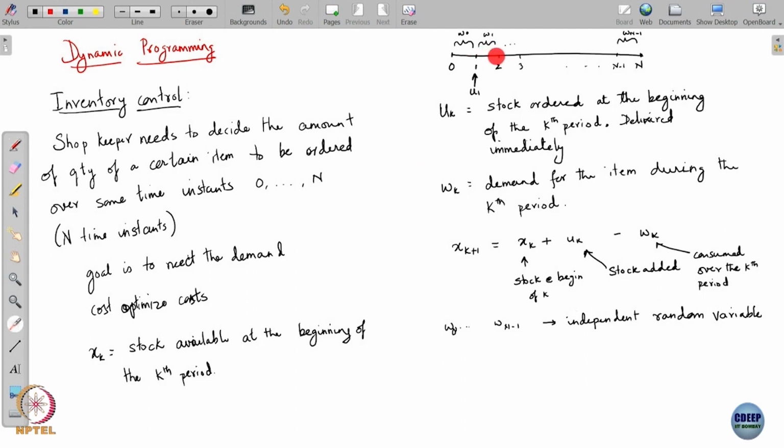So, u1 has to be decided without the knowledge of W1, right. Of course, you would be aware of u0, but not the value of u1. So, this has to be done without the knowledge of the realized demand at that time. It is exogenous and its distribution we cannot control. We use the word noise for this, we call this noise.